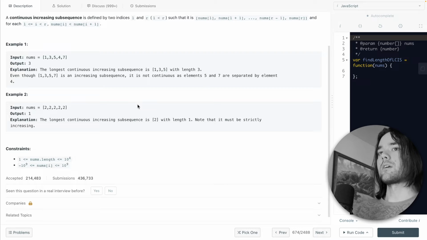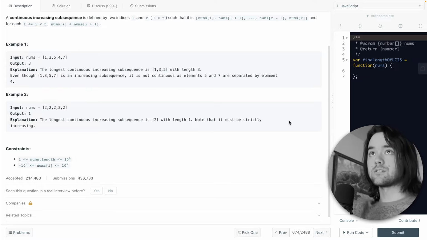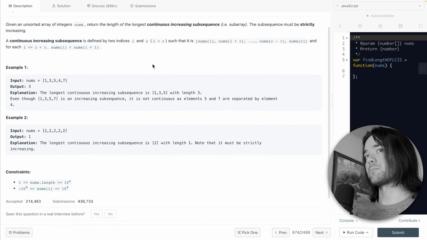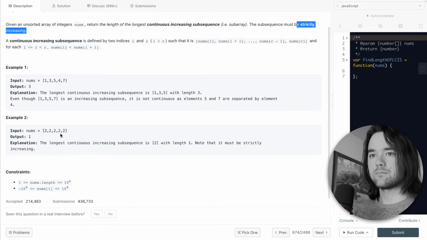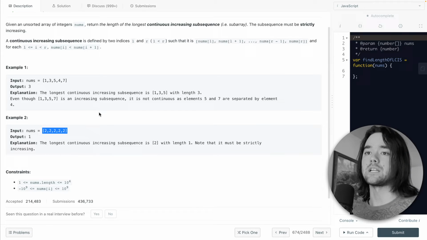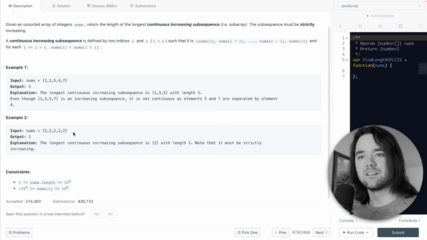Duplicate elements represent a break in the chain of continuous increasing values. So this test case would not have any set of elements in the input array nums which abide by that rule, if that's the right way to say it.